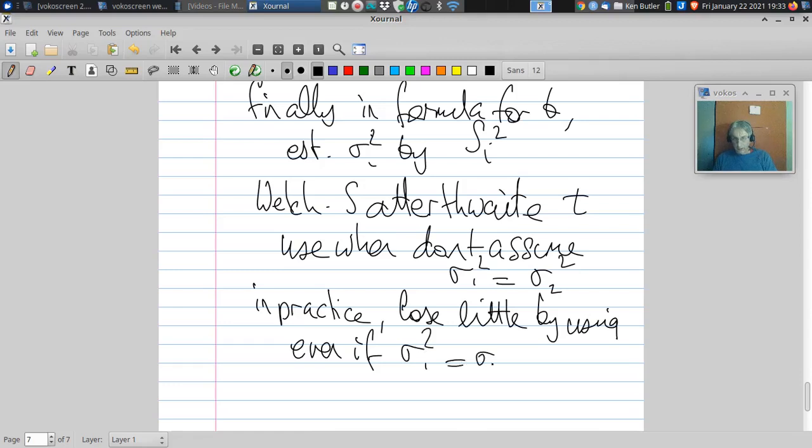And of course, you can never know for sure whether they're the same or whether they're not. But a lot of people, including R for that matter, will use this as a default. Unless you have a good reason for doing it differently, there's no reason to go away from the Welch t-test, even though it's not the one you proved back in B27. That was the pooled t-test.